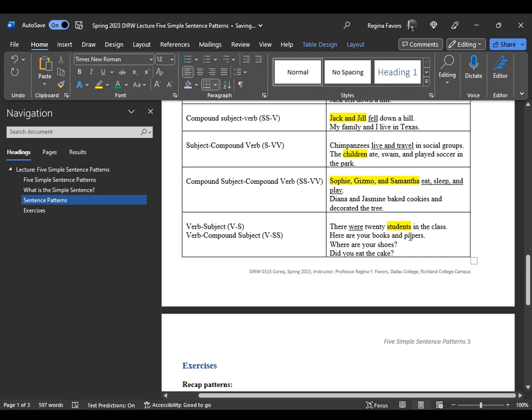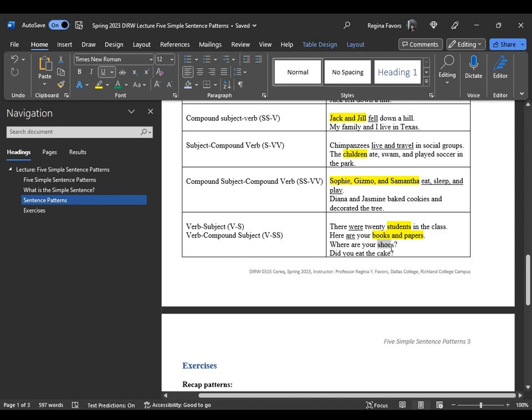And then here are your books and papers. Same here. Compound subject, books and papers. Okay. And then your verb is are, A-R-E. Again, that's another be verb, is, am, are, was, and were. And then when it's posed as a question, it can get a little confusing, but as soon as you know what the subject of the sentence is, you should be able to find the verb.